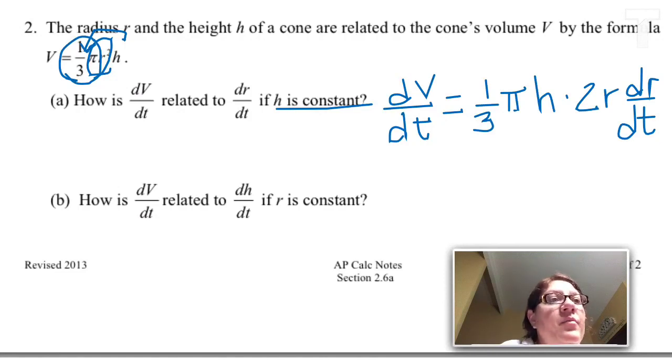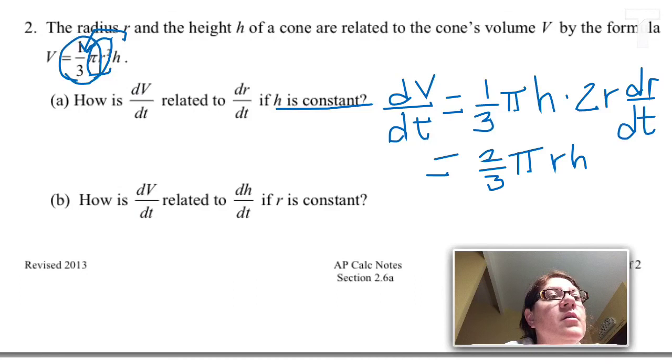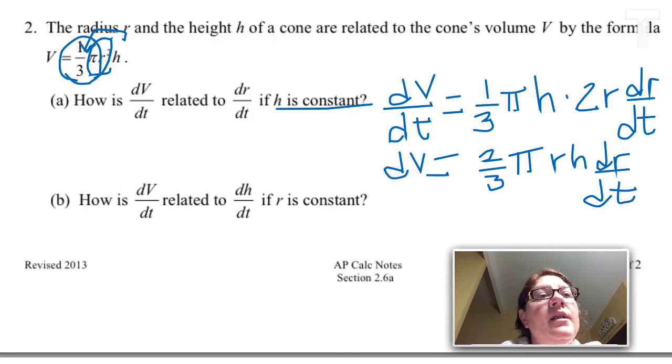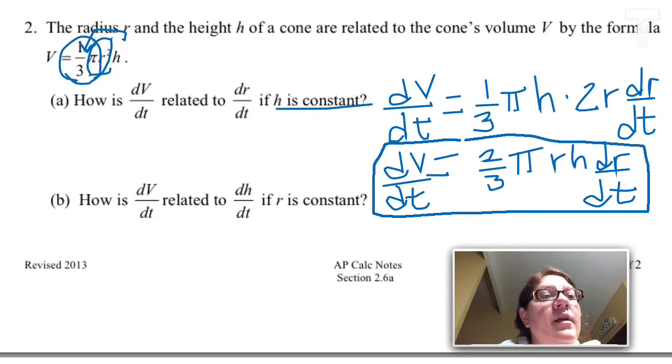And so if I simplify and put all of this together, I get 2/3 pi r h dr/dt. And that's my dV/dt, and that's how it's related to dr/dt. Isn't that fabulous?